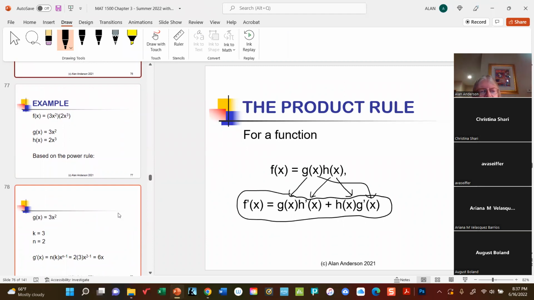Well, okay, so let's start with a basic case. Now, by the way, sometimes this proves not to be necessary. In the next example that I have here, it's so simple that you really don't have to use the product rule. You'll see what I mean in a second.